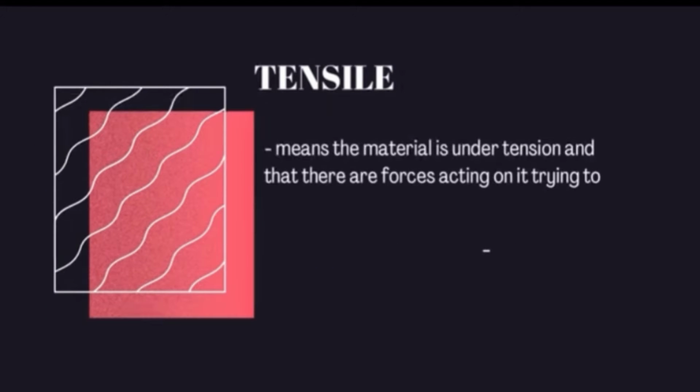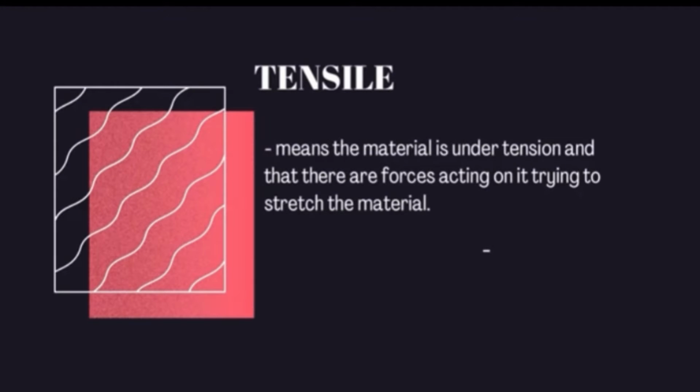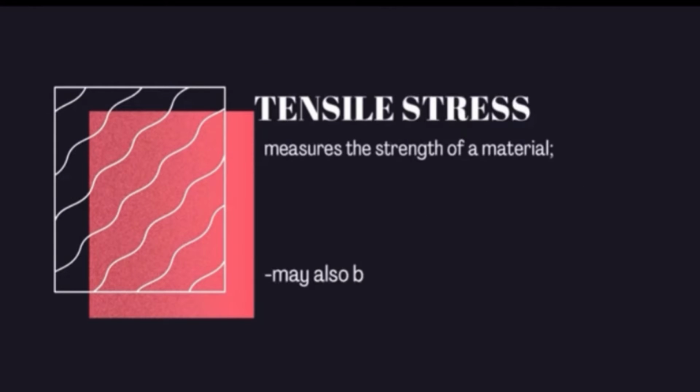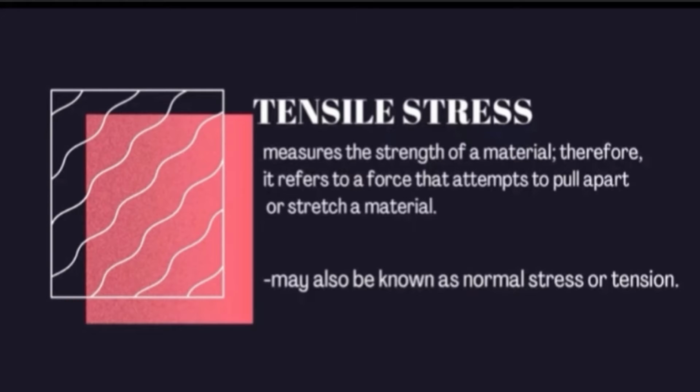Tensile means the material is under tension and there are forces acting on it trying to stretch the material. Tensile stress refers to a force that attempts to pull apart or stretch a material. It may also be known as normal stress or tension.